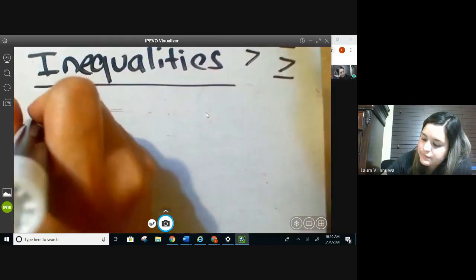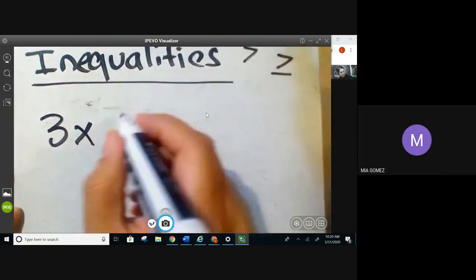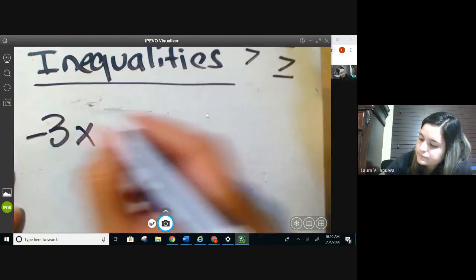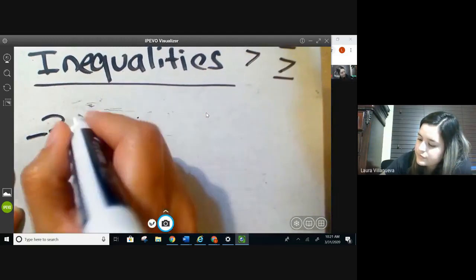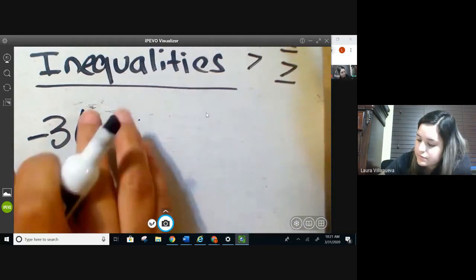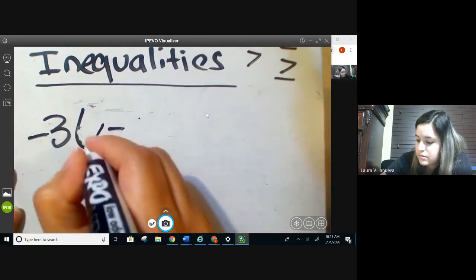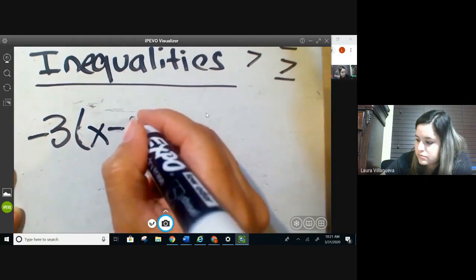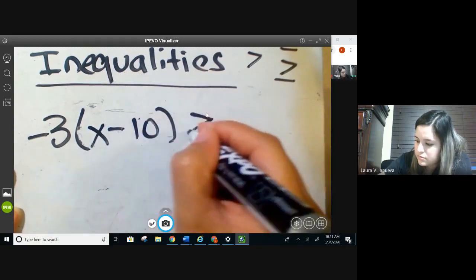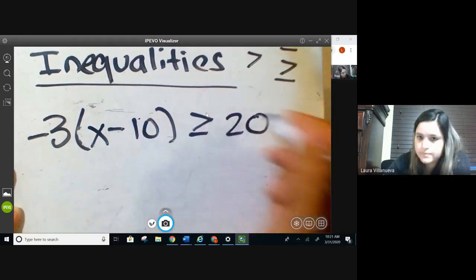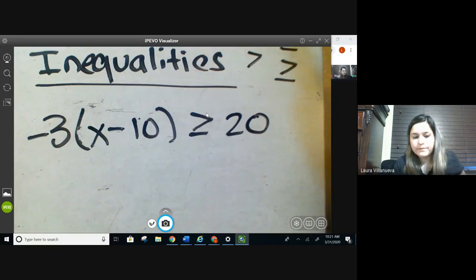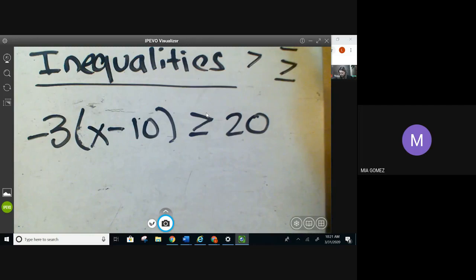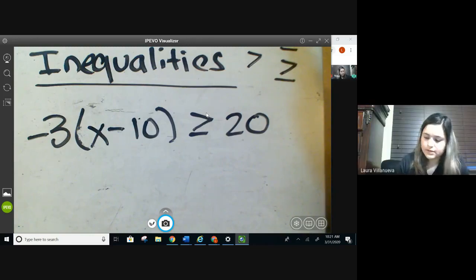All right, so then you have 3x. Let's do parentheses so you can see the one with parentheses. Okay, so what are you going to do here? Add 10? Not yet, because it has parentheses.